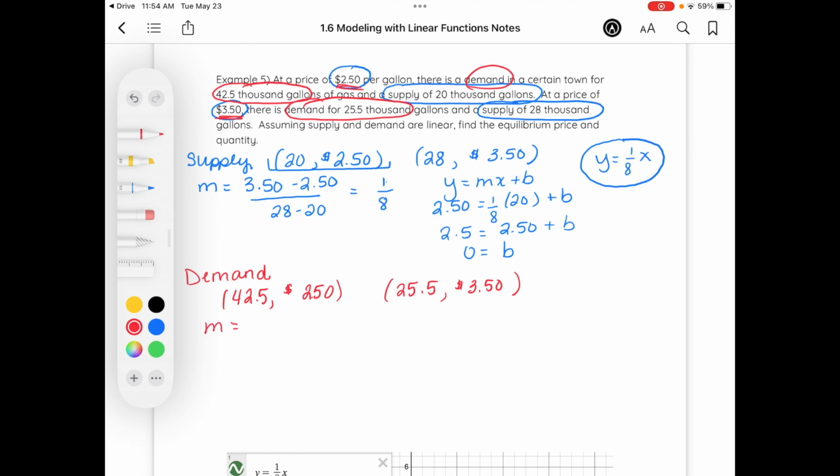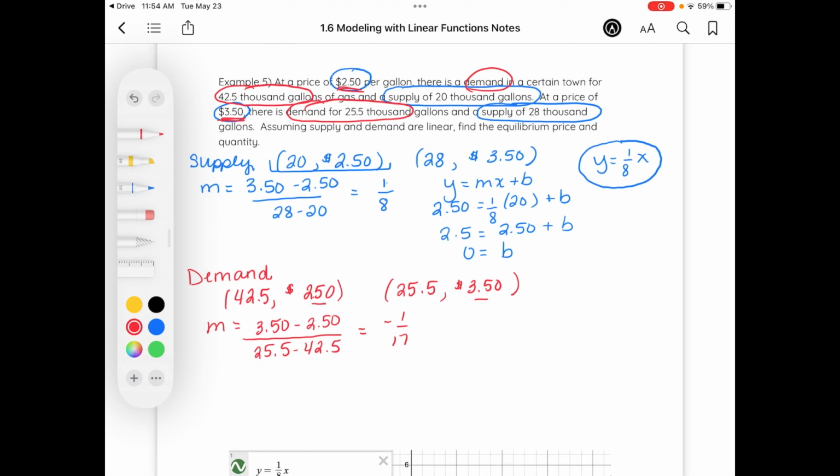Again, we need our slope. This actually simplifies to -1/17, which should make sense because as the cost is rising from $2.50 to $3.50, notice our demand is decreasing. So it makes sense in the context of the situation.